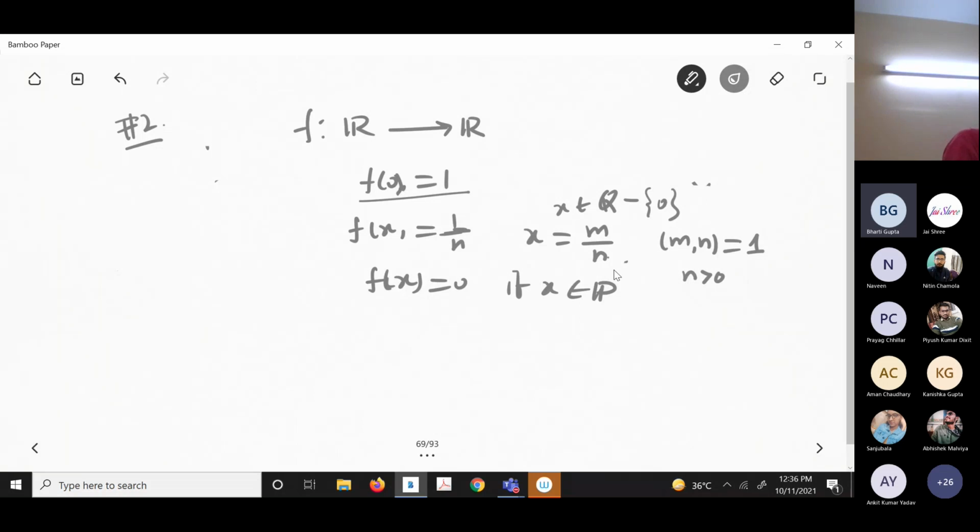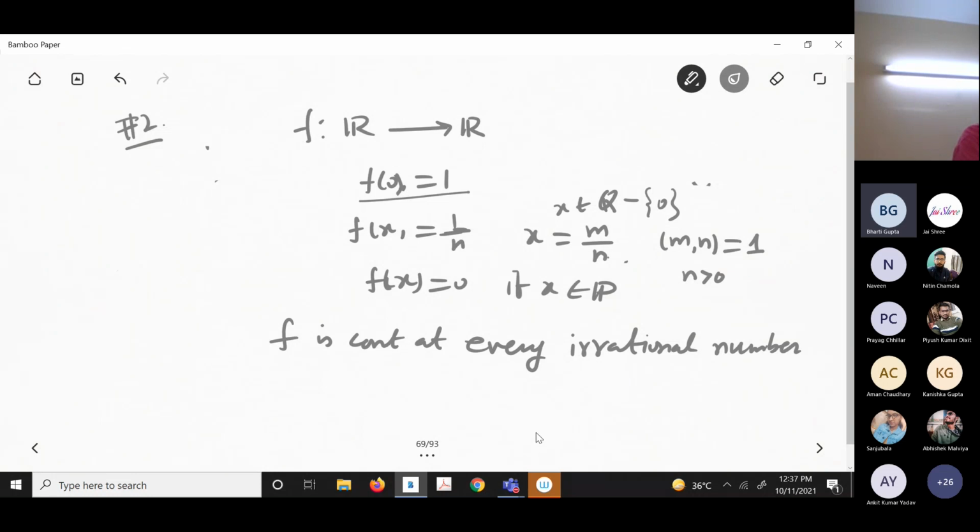So here I asked you to prove that f is continuous at every, careful about my writing, at every irrational number. I wrote first rational number, then I realized it has to be irrational. So I put I here, irrational number.